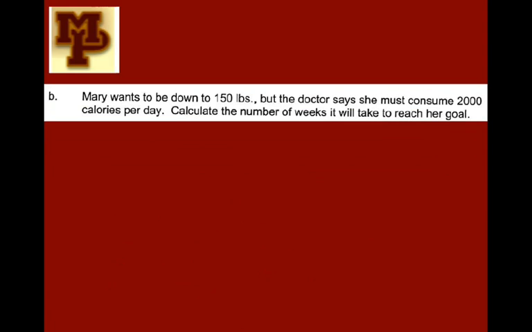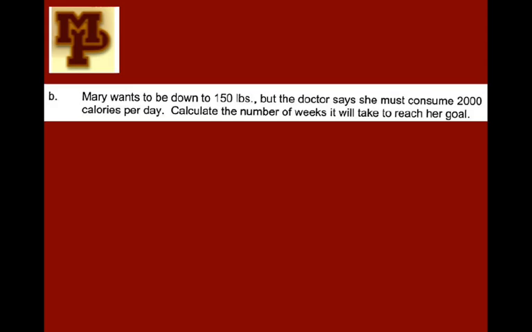Okay, last one. She wants to be down to 150. The doctor says she has to consume 2,000 calories, and she wants to know how many weeks it's going to take to get down to her goal.